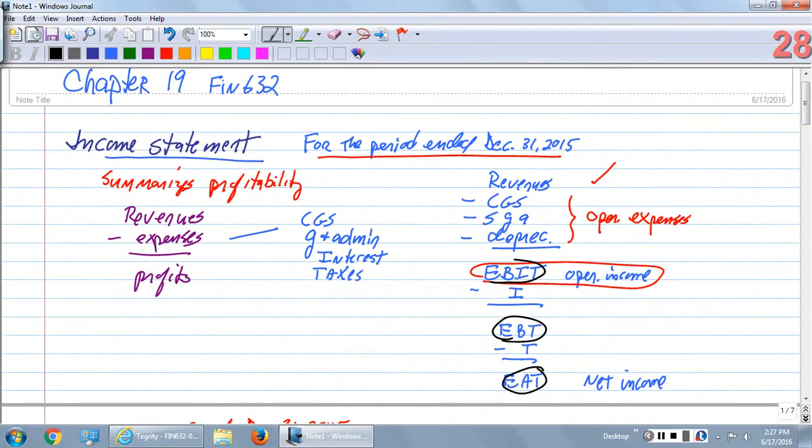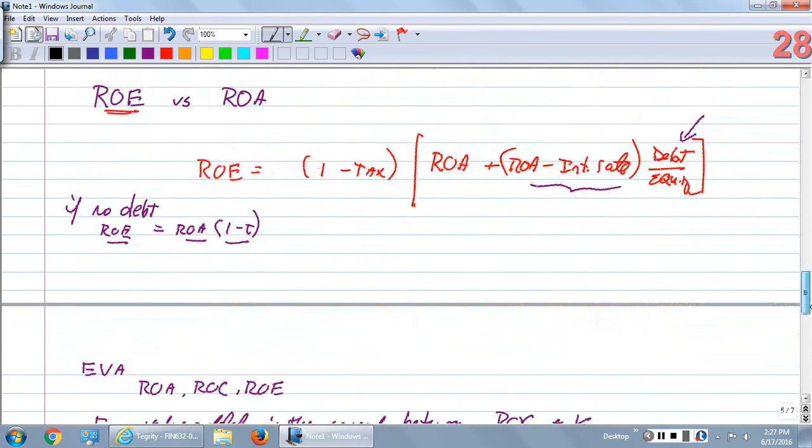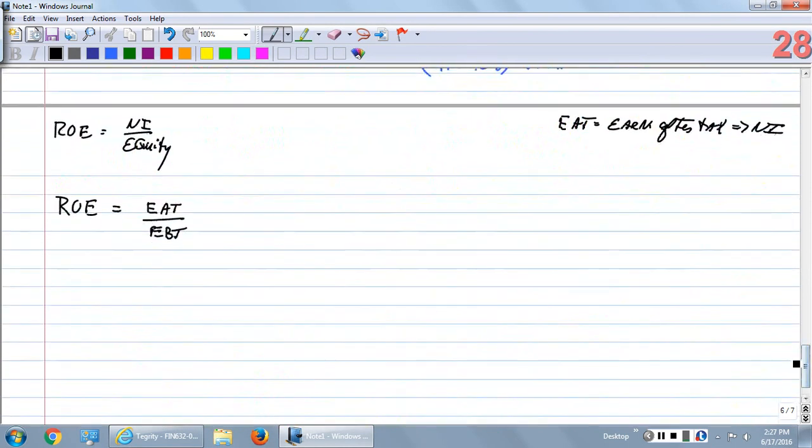Here's earnings before interest and taxes. So we're using each one of those. Earnings after taxes divided by earnings before taxes times earnings before taxes over earnings before interest and taxes times earnings before interest and taxes divided by sales times sales over total assets times total assets over equity.